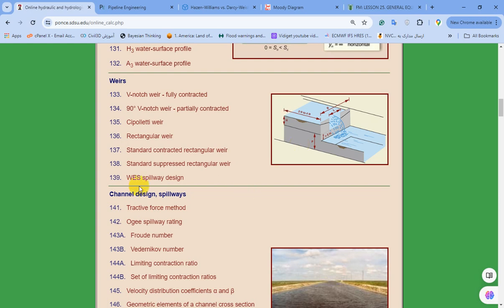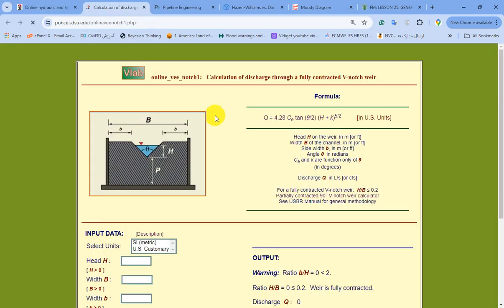Today I'm going to teach you practical weir design using online tools, from V-Notch to WES standards. Let's start from the V-Notch weir, fully contracted. Click on this section, and as you can see, for this weir type, the formula which is used for estimation of flow is like this.